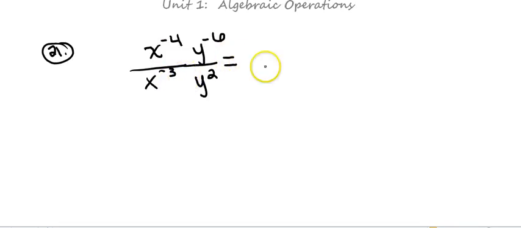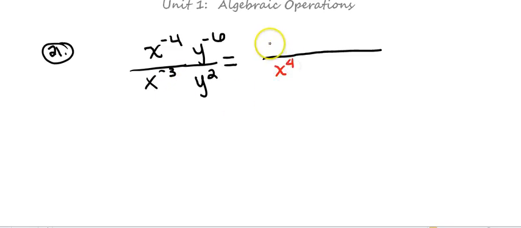Using the power of a negative, change the position so that you can get all positives. So x to the negative 4 is on the top. I want it to be a positive exponent, so I move it to the bottom. I'm going to change all my moving to another color. So x to the negative 4, bring it to the bottom, it becomes a positive 4.